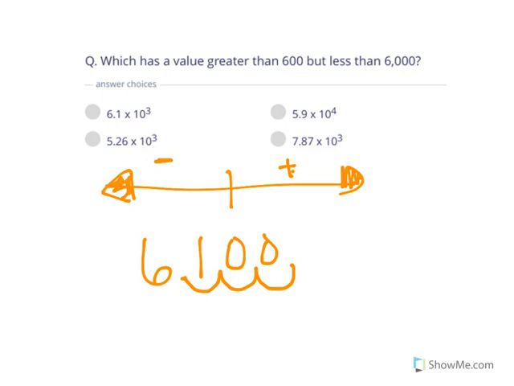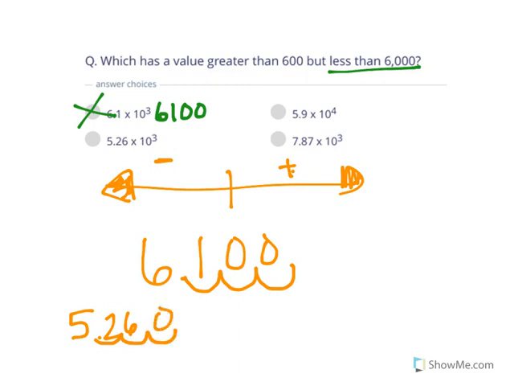1, 2, 3. So that means this answer A is 6,100. But it's not less than 6,000, so that one's false. Let's try another one. 5 26/100ths, but the 3 is my exponent. 1, 2, 3.